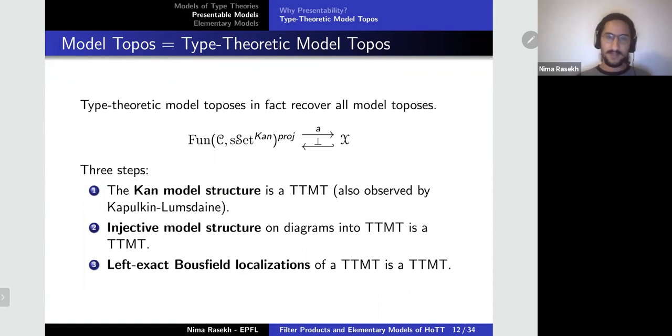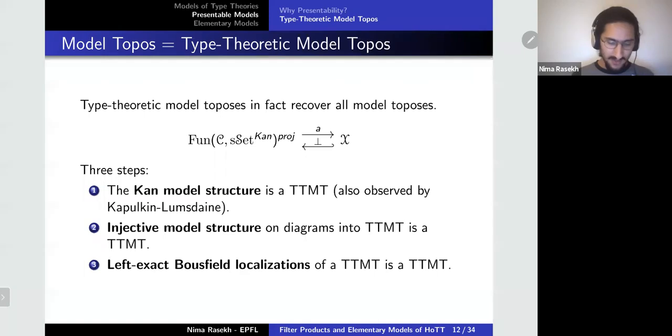He does the reasonable thing and does three steps. As a reminder, we already observed that a model topos is some kind of adjunction, a localization of presheaves. He starts by observing the projective model structure, which is already in the paper by Kapulkin and Lumsdaine, the simplicial model. Then he moves on to the injective model structure.